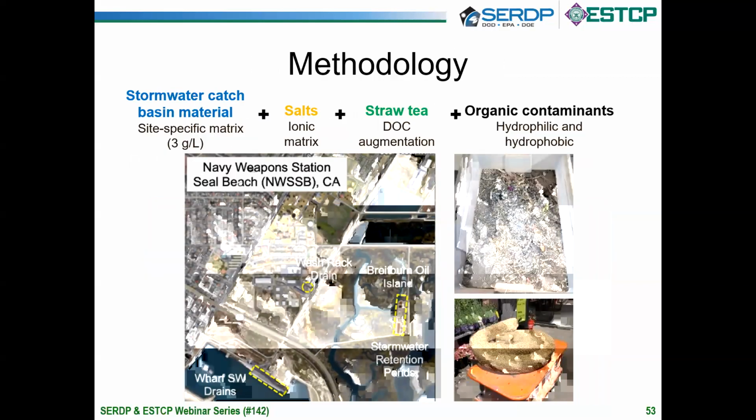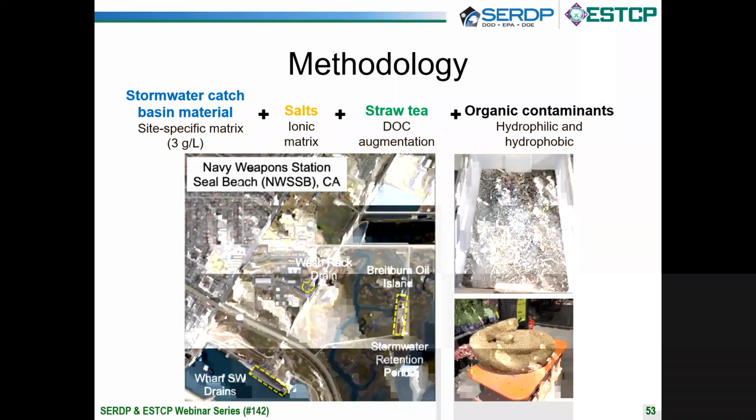Our methodology involves a partnership with Naval Weapons Station Seal Beach, which is located just south of Long Beach. With their assistance, we collected catch basin material from the wash rack and wharf drains, had that shipped back up to our laboratories, and then mixed it to make synthetic stormwater that we could use in long-term testing.